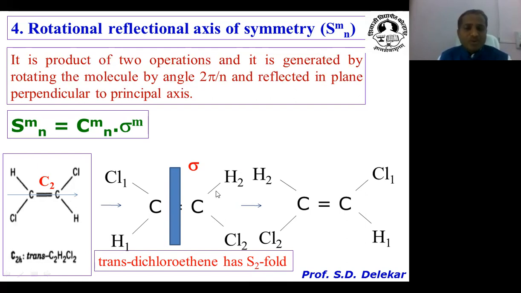S means improper axis of symmetry, and C means proper axis of symmetry. So symbolically it is represented by the letter Sn raised to m, and this Sn raised to m is to be written in terms of C and sigma as Cn raised to m into sigma raised to m. So this is again one example: the trans dichloroethene molecule has an S2 axis of symmetry.